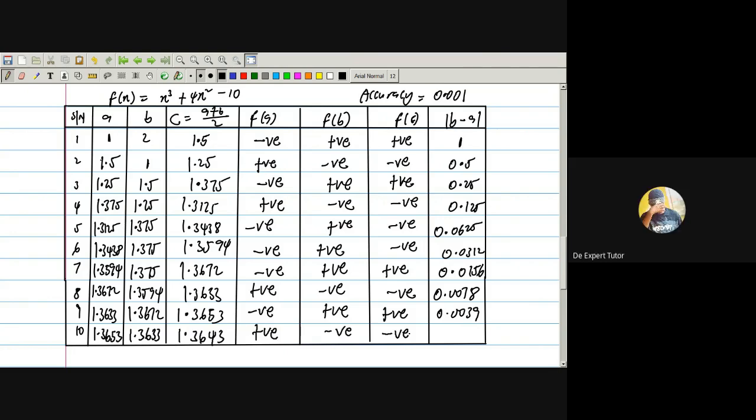All right. Minus 1.3653. Just remove the 0. 0.002.